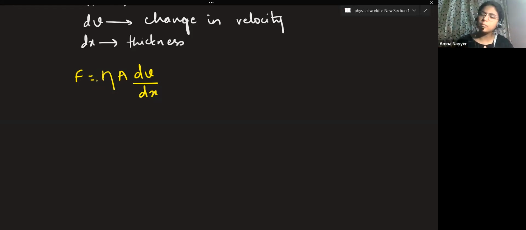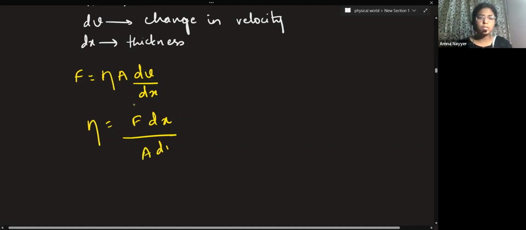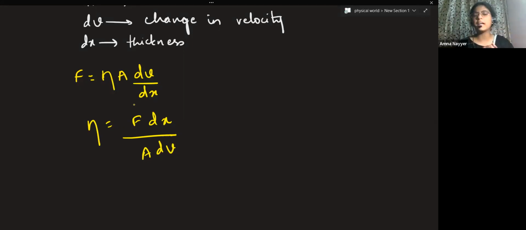For now, remember: multiply force with dx, and divide by A dv. This whole will be the formula for this coefficient. Actually, this is the coefficient of viscosity.